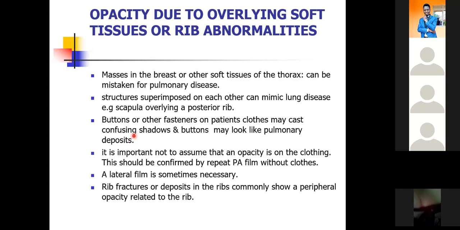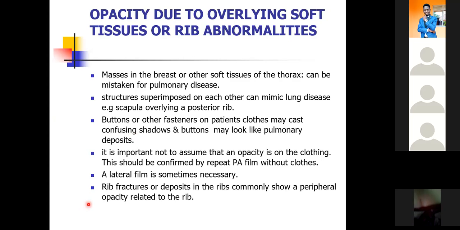Sometimes you may also choose to take another projection or another view at right angle to the previous one, so that you're able to form that three-dimensional outlay, and you now get to know exactly where whatever you are seeing lies.